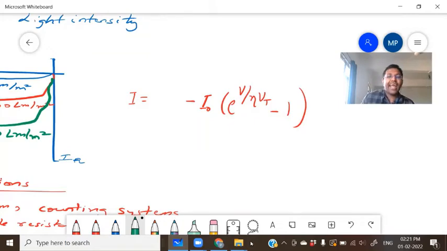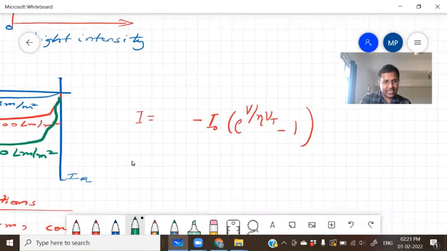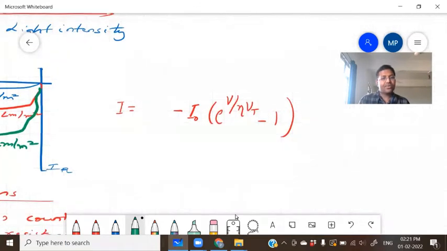And here, based on the light intensity, the current is changing, so depending on the light intensity we have to give one more current component. Let us call it Is. This is the complete current equation for the photodiode. Further, we can simplify this. This minus, let us take it inside.